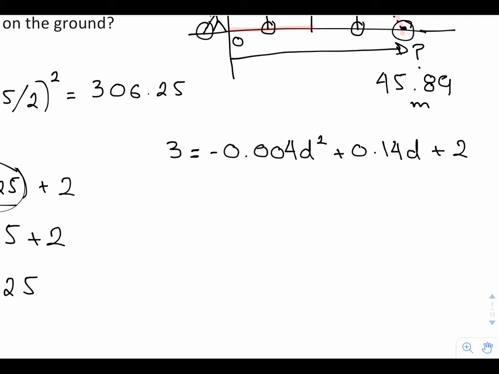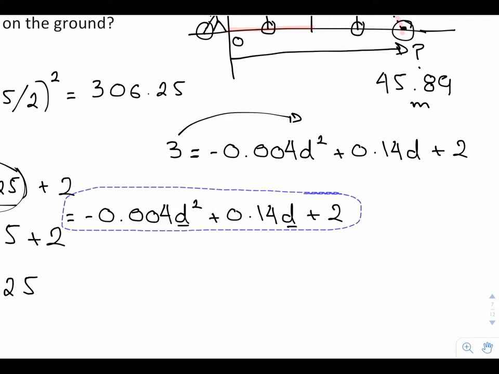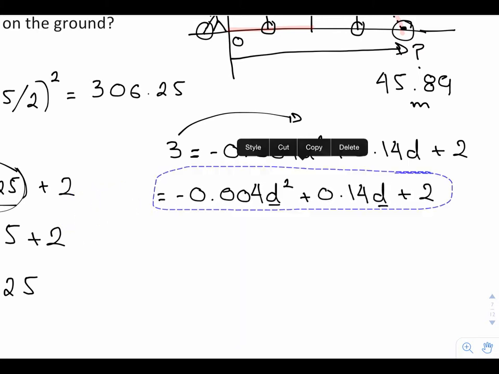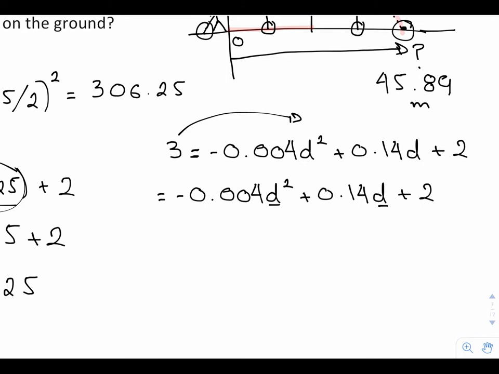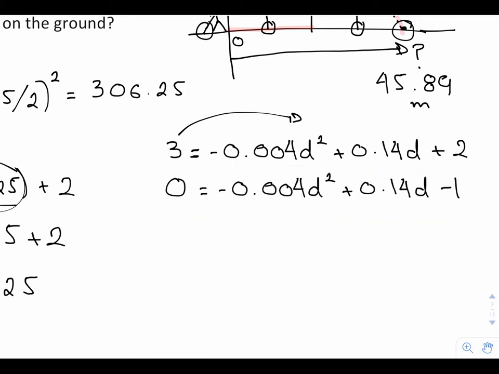Now, that 3 on the left-hand side has to come over. So if I bring the 3 over, I have the whole thing identical. Only difference is that it's not plus 2. It is going to be minus 1 because 2 minus 3 is negative 1, and I'll have a 0 on this side. So there is my new equation.